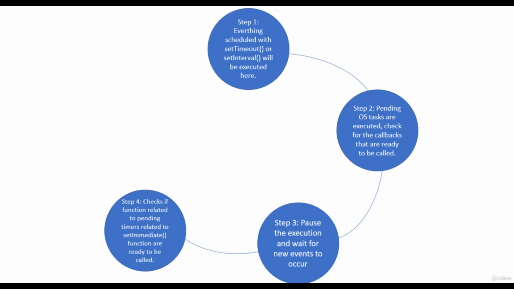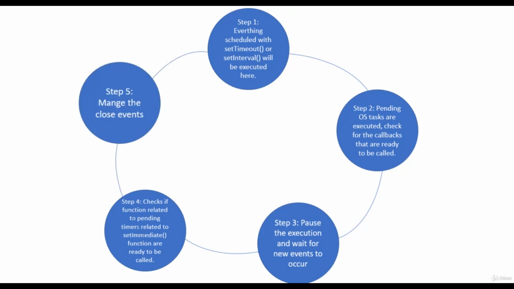The Node.js setImmediate function interacts with the event loop in a special way. And in the final step, it manages the close events. So this is the complete loop of the event loop, and these are the 5 steps involved.